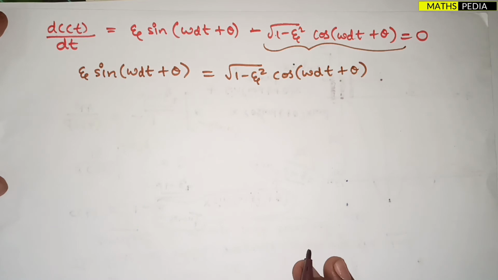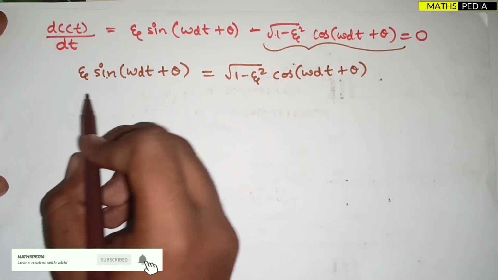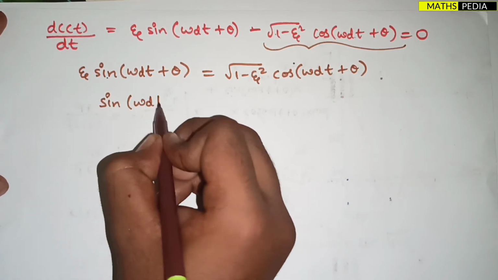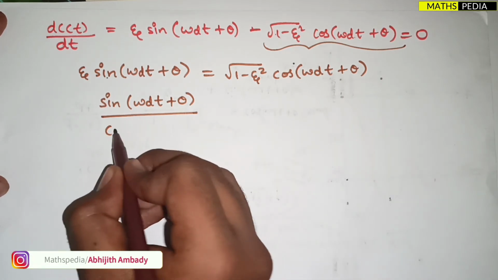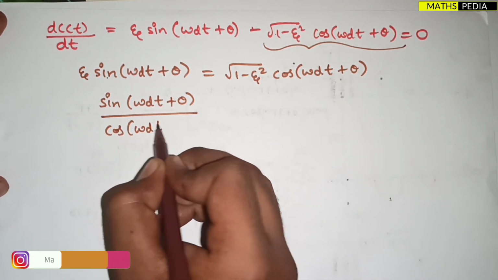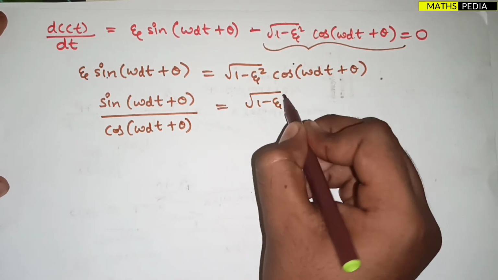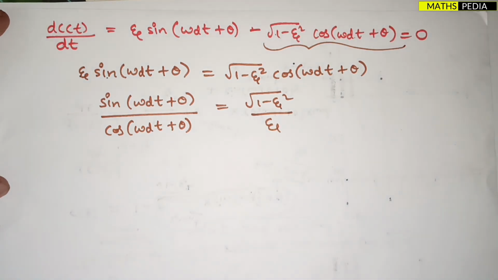Now from here, can I bring sine and cos together? What will happen? See here, sine(omega d t plus theta) divided by cos(omega d t plus theta) is equal to 1 minus zeta square will remain as it is, and this will come down by zeta.